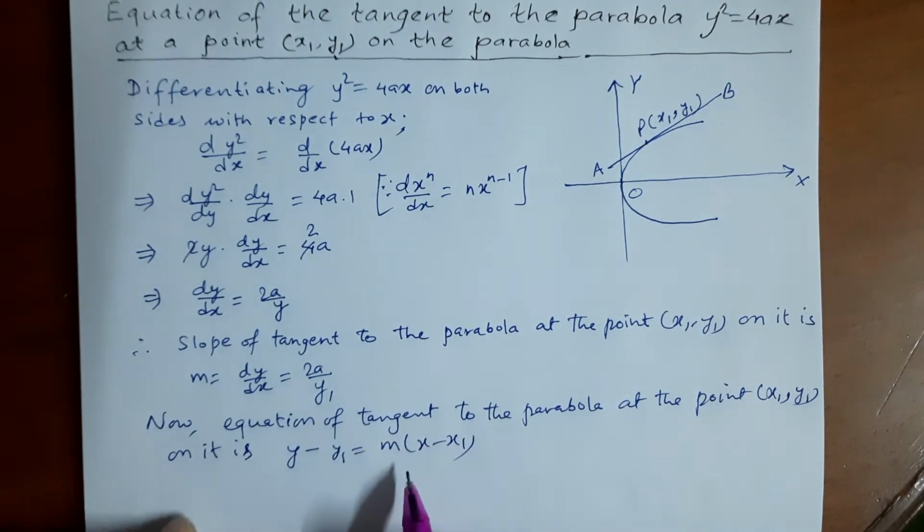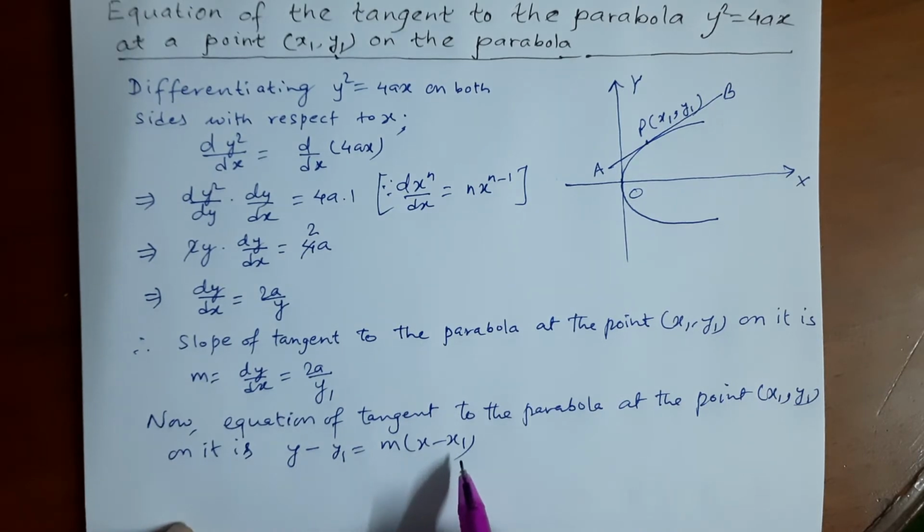This is the equation of a straight line in point slope form. So this m can be replaced by 2a over y1, because the slope of the tangent is 2a over y1.